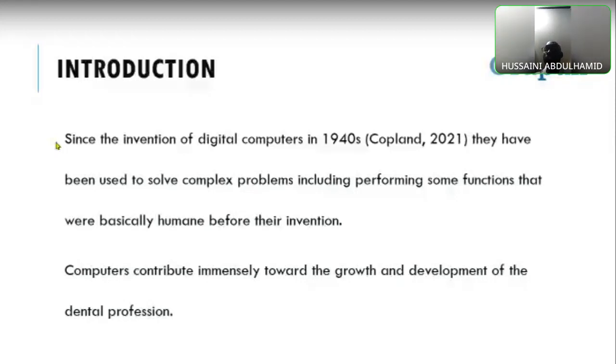So a lot of interest has been picked in the area of computers. That was why since then computers have seen tremendous progress: 1940s, 1950s, 60s, 70s until now, there has been rapid development in the area of computers.